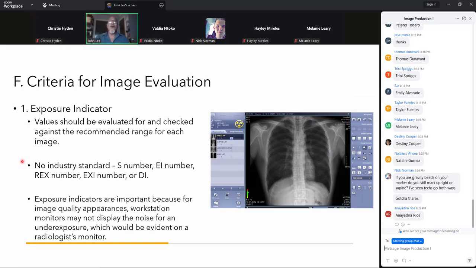Now they're important because they give a description of the amount of work the computer does and where you are exposure-wise for that particular examination. Now, again, there is a range. Okay, so here's a question for you. If we look at this image here, this is the exposure indicator.